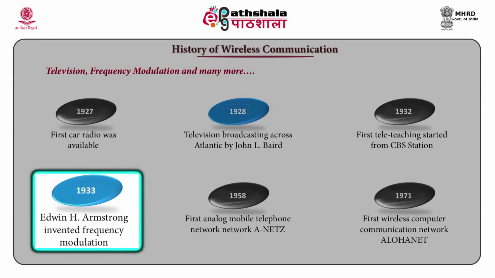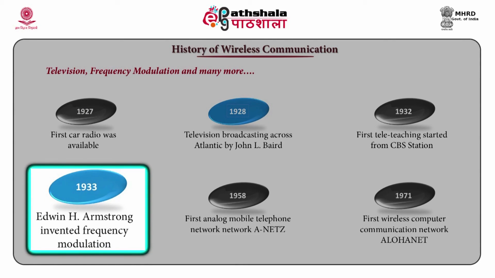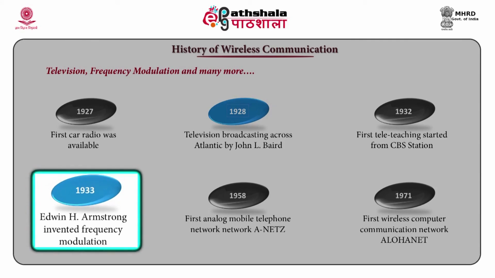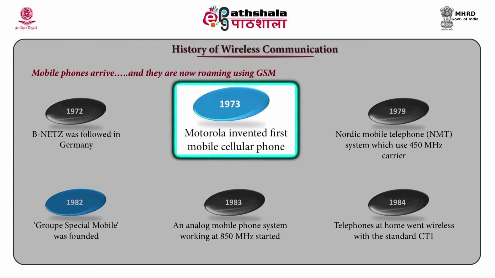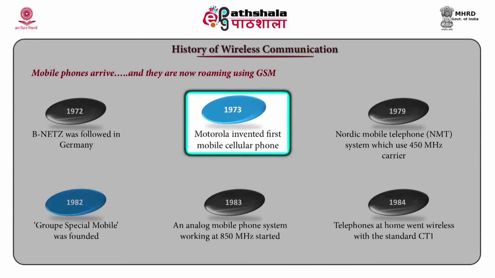In 1933, Armstrong invented frequency modulation, which overtook amplitude modulation, offering relatively pure quality due to less interference. In 1973, Motorola invented the first mobile cellular phone.